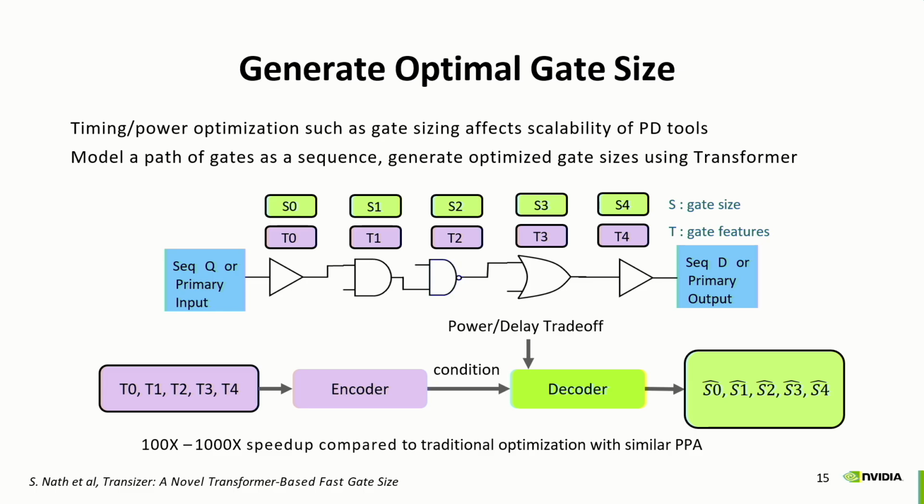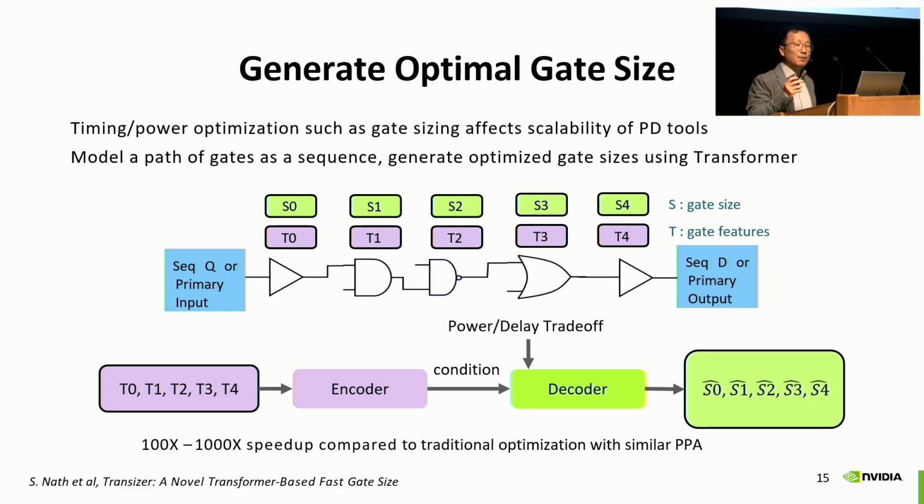Optimization of timing and power in physical design is the most time-consuming step in the design flow. We often cannot scale the design to a bigger design space just because optimization takes too long, days. If we can use AI to improve the speed of this optimization, we can scale the design bigger and achieve better PPA.